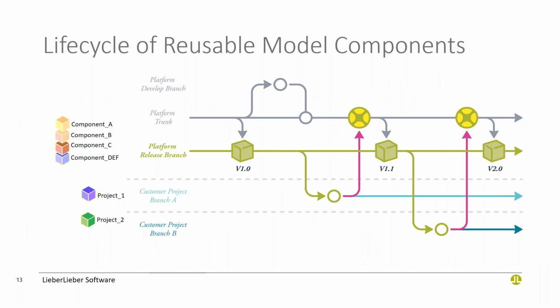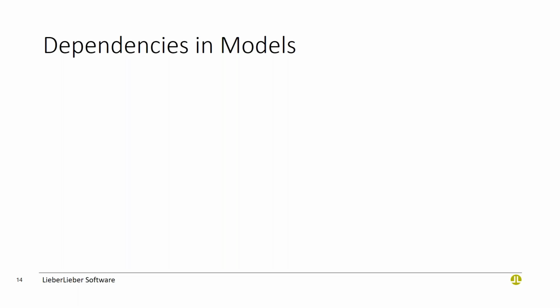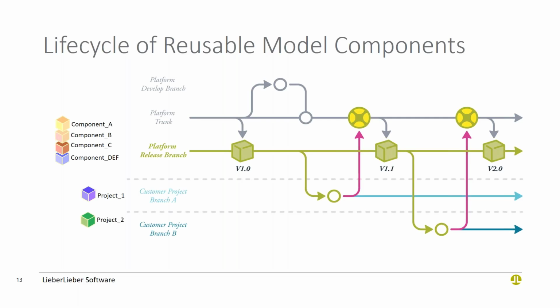And the beauty of this is, at the end of the day, that you can have a life cycle for your product line, for your platform, and the most effective thing about all of this is that you can exchange components or update components independent of the main life cycle of a product line.